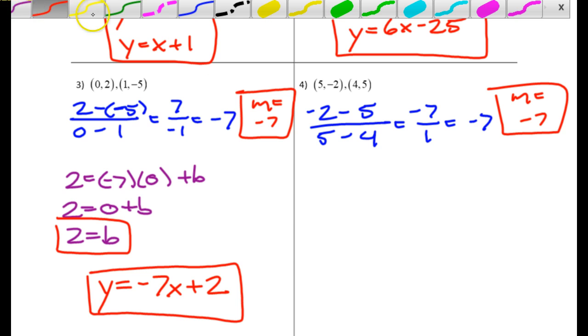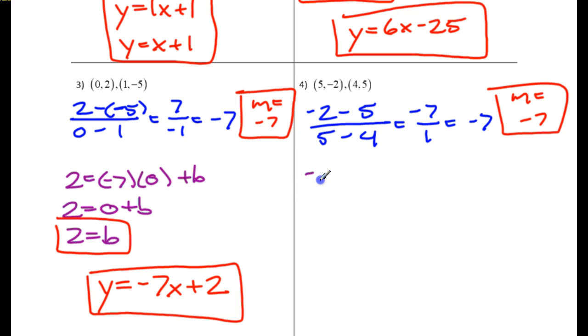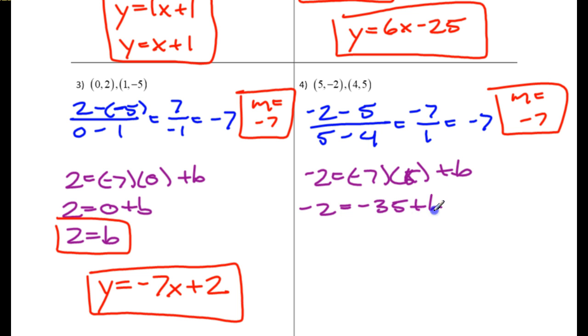Well, now let's go get our b. Plug in the m, plug in the x and the y. I'm still going to use the first point. You can use the second if you want on your own. Alright, so here the y is negative 2 equals mx plus b. The m is negative 7. The x is 5. So now it's negative 2 equals negative 7 times 5 is negative 35 plus b. Solve for b.